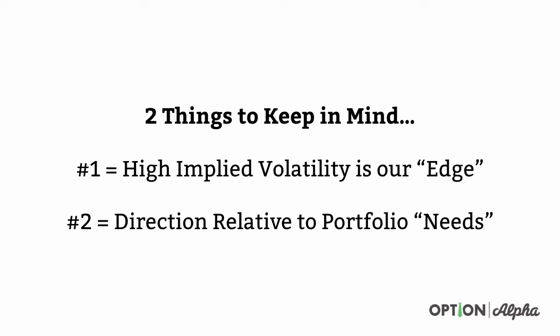So if you're going to make a directional trade, you have to make sure that it fits well into your overall portfolio. It's really asking yourself the question ahead of time: if I already have, let's say, 10 bullish trades, do I need to go looking for another bullish trade, or can I go out looking for a bearish trade? That's what you need to start asking yourself. So I would keep those two things in mind.